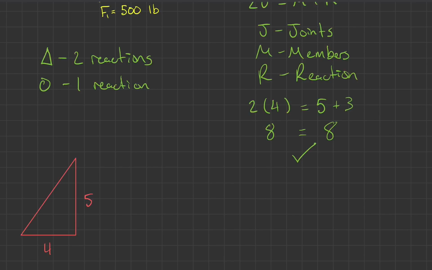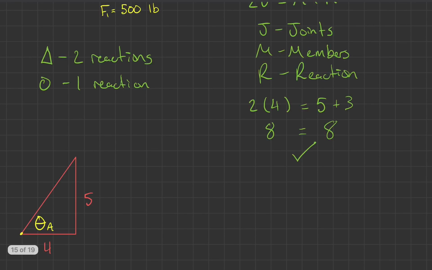So what I'm going to do is solve for this angle here. This is the angle at joint A, so we're going to call this theta A. What I have is the opposite side and the adjacent side to this. Having both of those, I'm going to use our function tangent. Remember, tangent of theta is equal to its opposite side length over its adjacent side length.